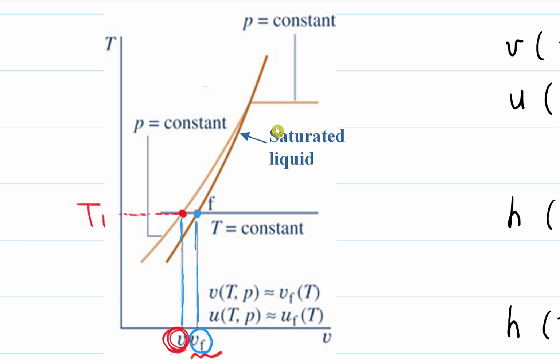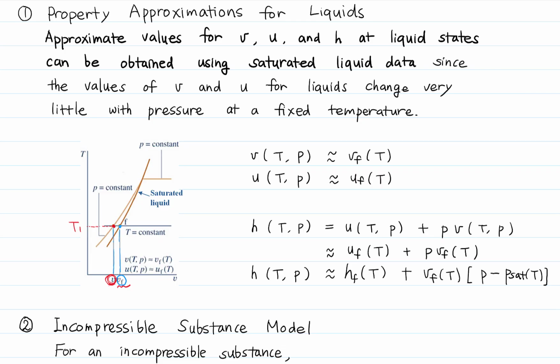So we treat compressed liquid as saturated liquid at the given temperature. The specific volume and the internal energy in the compressed liquid may be approximated by the saturated liquid state.